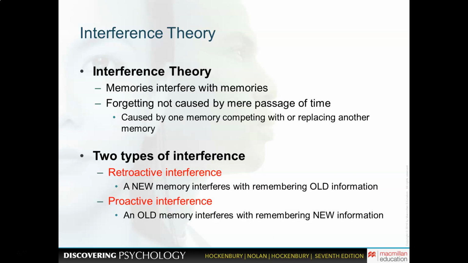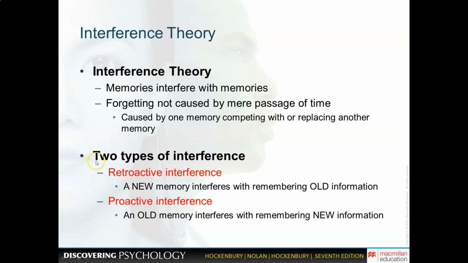Have you ever caught yourself saying, "Oh no, why did you say that? Now I can't remember what I was thinking." Well, that refers to interference theory: what someone said or what you heard is interfering with a memory that you already had stored. There are two types of interference.